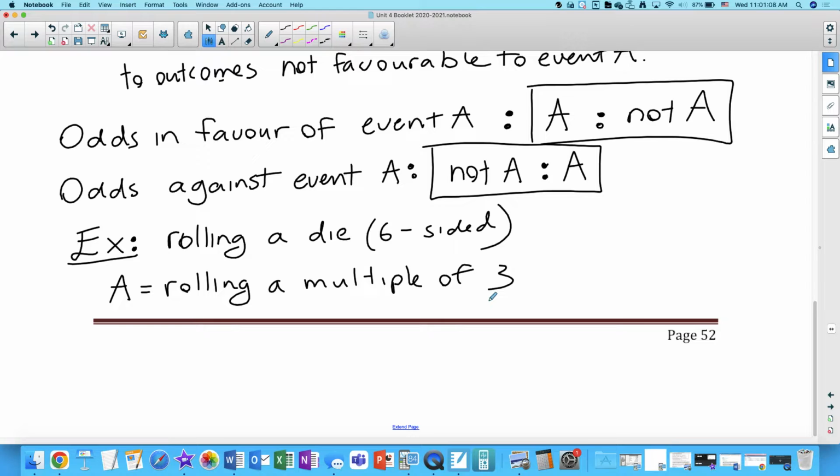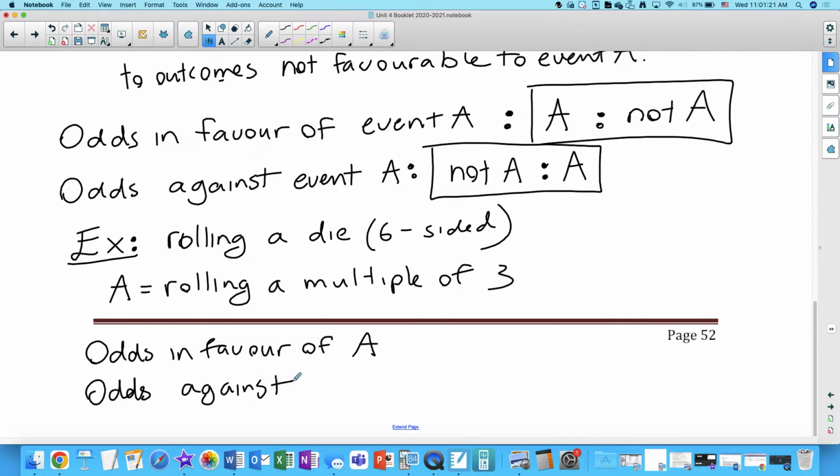And what are the odds against A? Always a good idea to consider your sample space.